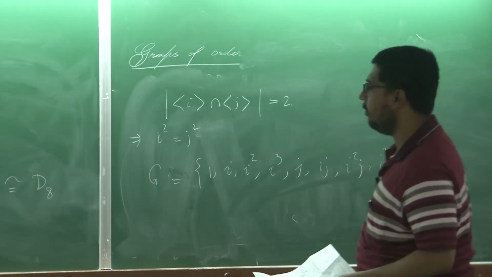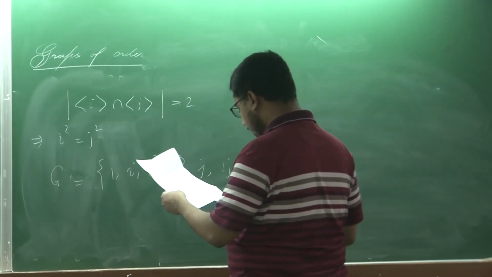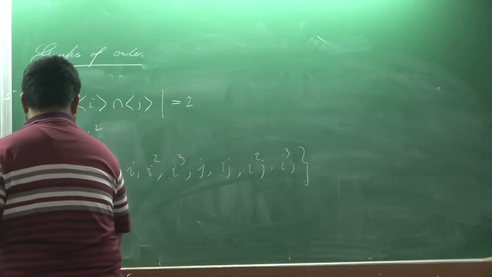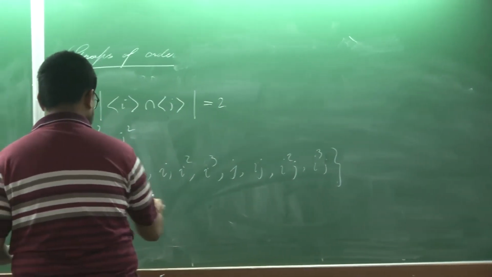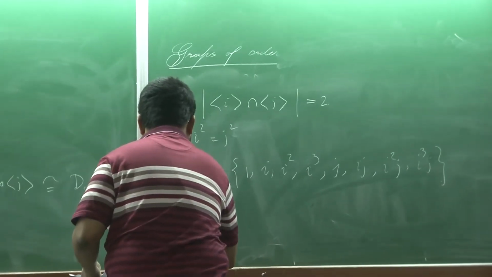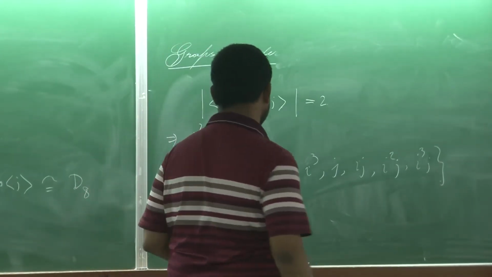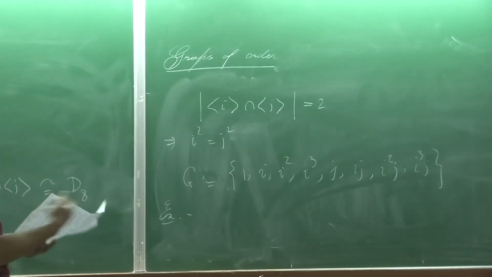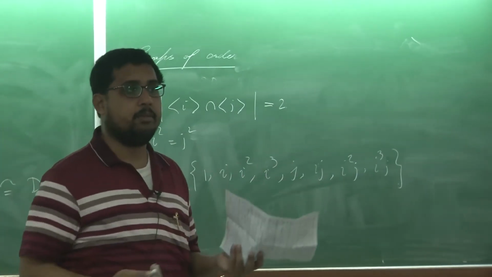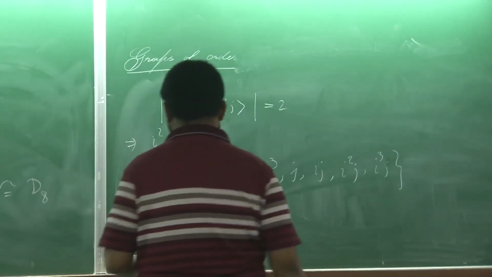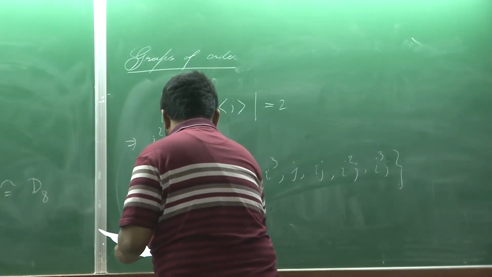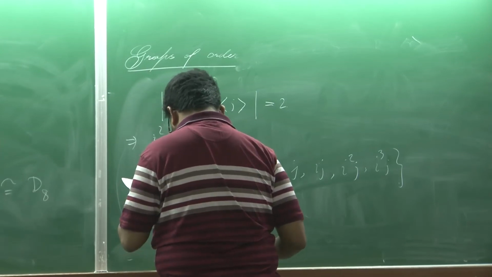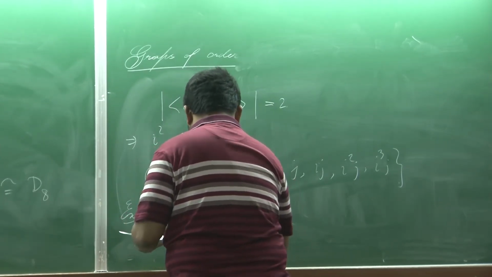This has to be there because j is outside this group. Also, j and i cannot commute, because if j and i commute, then any power of j will commute with any power of i, and that will make G abelian. Therefore, in this case ji is nothing but i cube j.